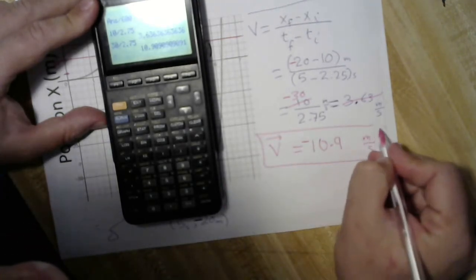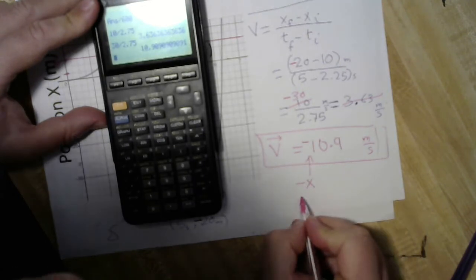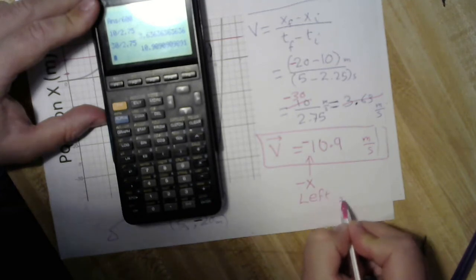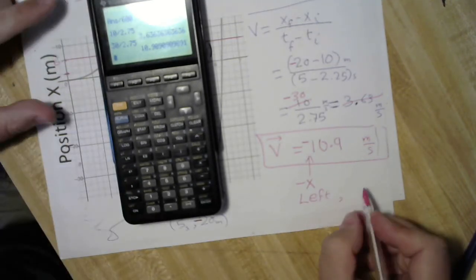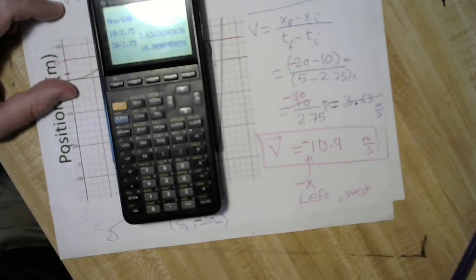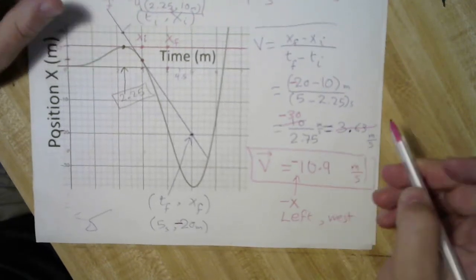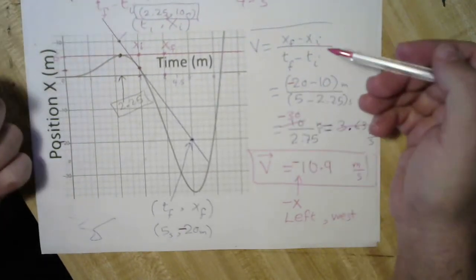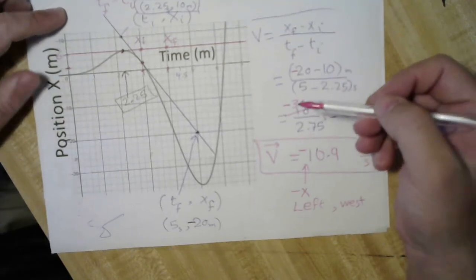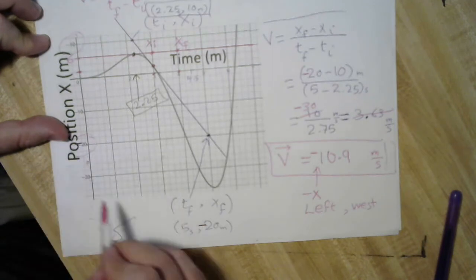The negative sign means in the negative x direction, or to the left, or to the west. I was not prepared for this mistake. It happened with me, it will happen with you, but be careful that we have positive direction and negative direction.